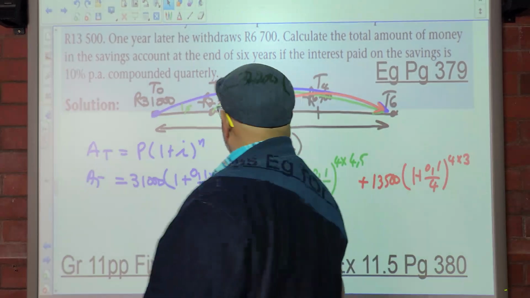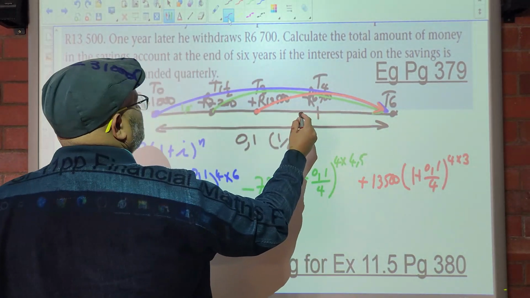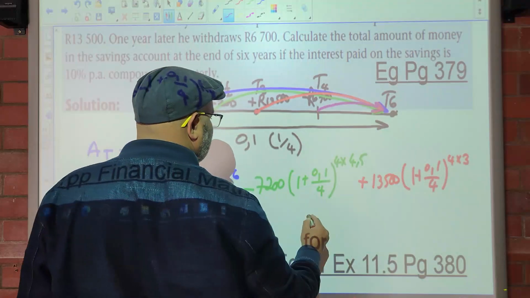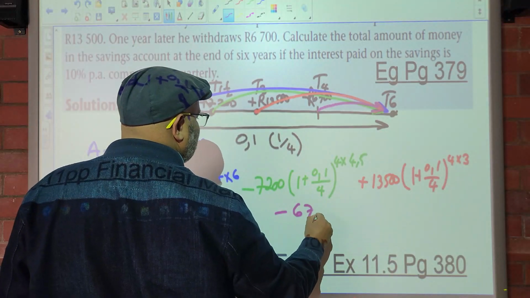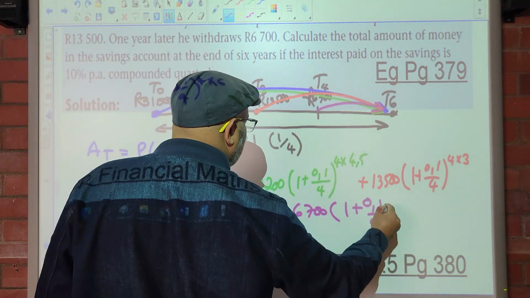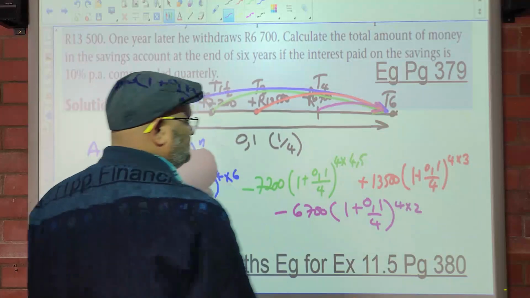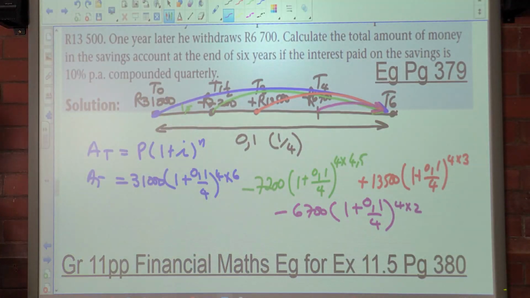And then what do we say? Minus, so we're minusing 6,700. Minus 6,700 rand into 1 plus 0.1 over 4 to the exponent 4 times. You guys understand? Here we're taking each amount individually.